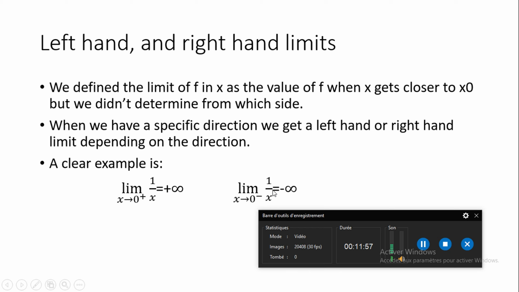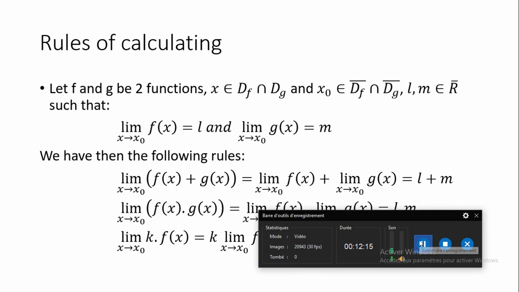However, here if we have, for example, 1 divided by minus 0.1, it's going to give us minus 10. And if we keep going like this, we're going to get minus 10, minus 100, minus 1000, etc. So it gives us minus infinity.